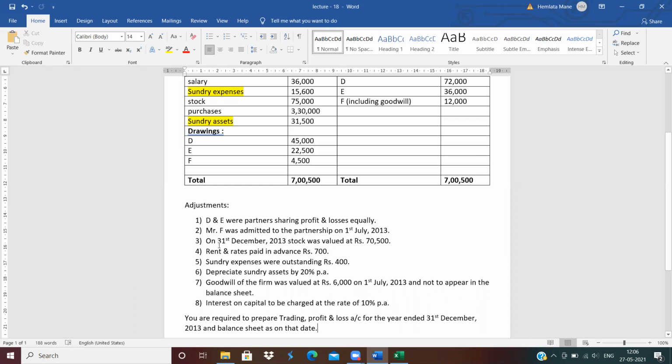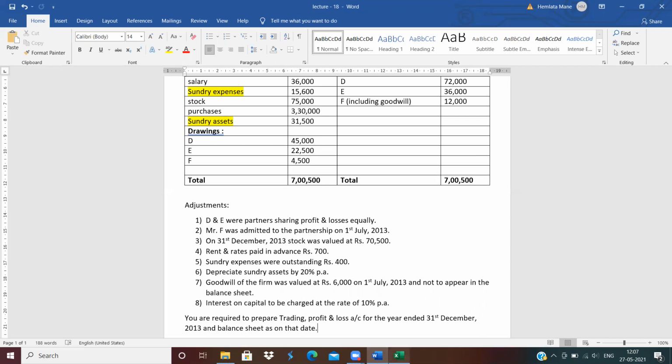Next, the third adjustment: on 31st December 2013, stock was valued at rupees 70,500. It means this is closing stock. So what will be the two effects of closing stock? All of you know: first effect, trading account credit side, and second effect, asset side.